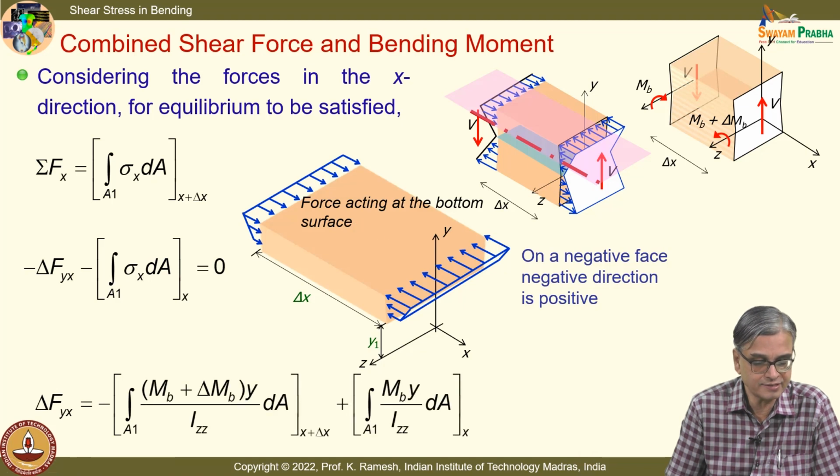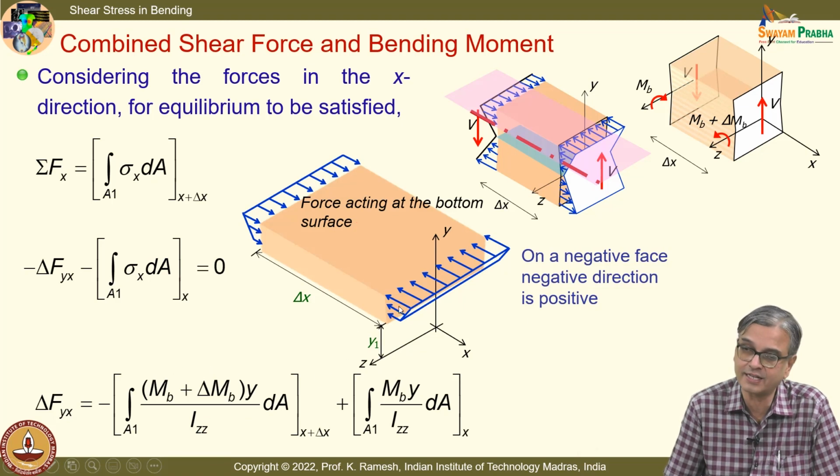So, when I want to find out what is delta Fyx, I have this as integral over A1 of (Mb plus delta Mb) into y, because this is what we have said in the idealization, just use the bending moment at that cross section.